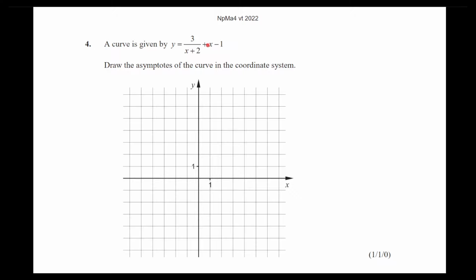For vertical asymptotes, the candidates are the zeros of the denominators. There's only one denominator here. The candidate is x equals minus 2. Is it correct or not? You can convince yourself. Take the limit, send x to minus 2. It becomes infinity. So yes, x equals minus 2 is another one. That's it. 2 points for nothing.